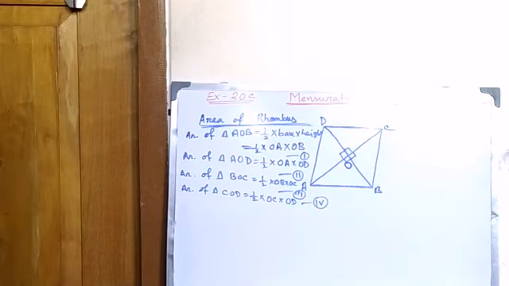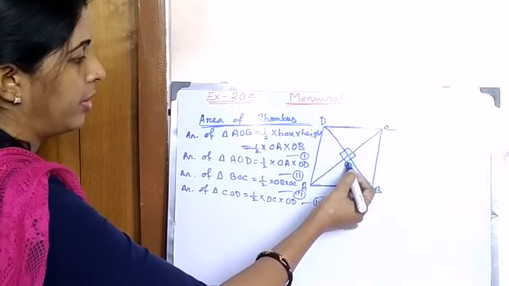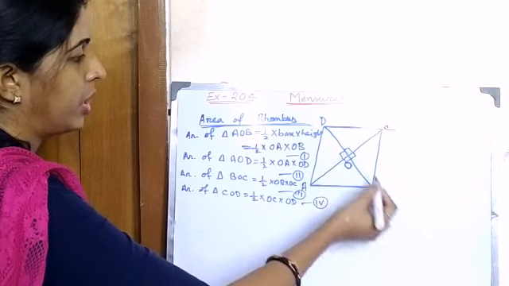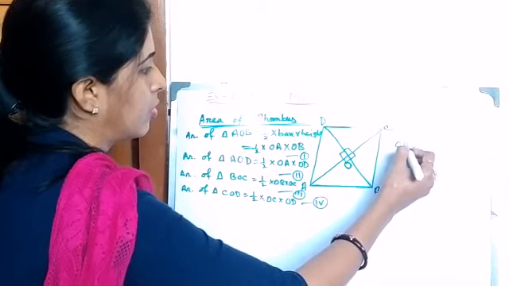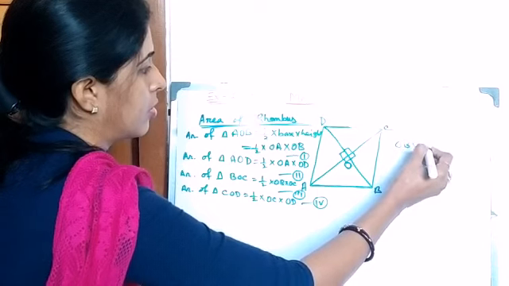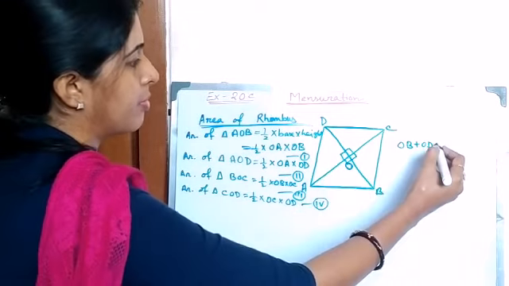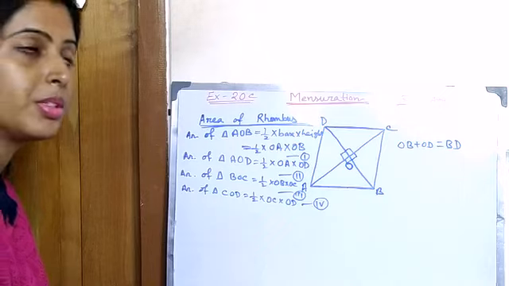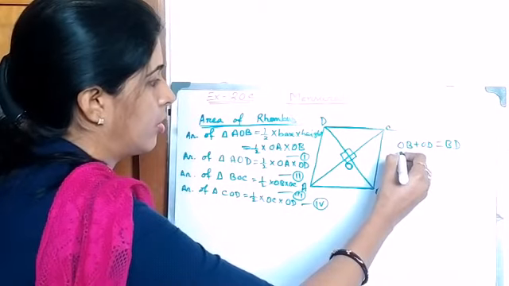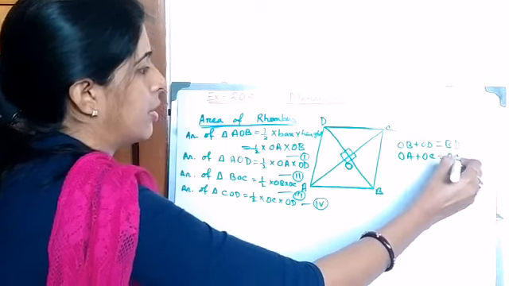Now what to do? Here OB plus OD is BD, and OA plus OC is AC.